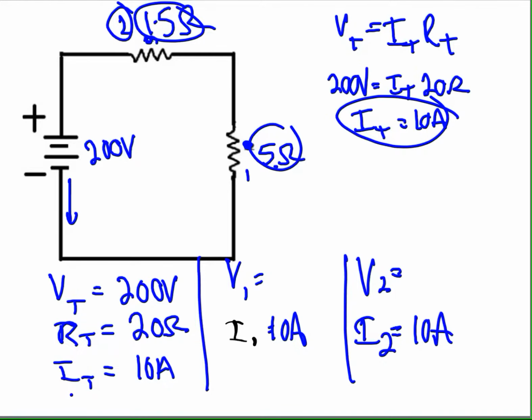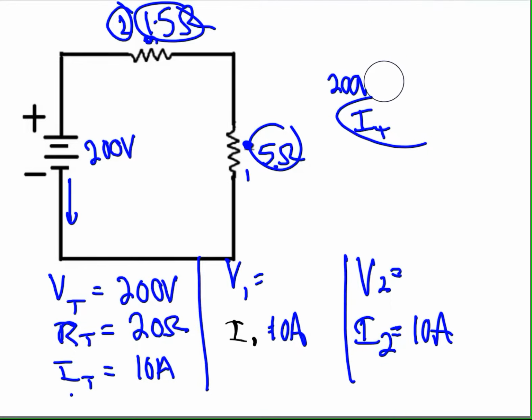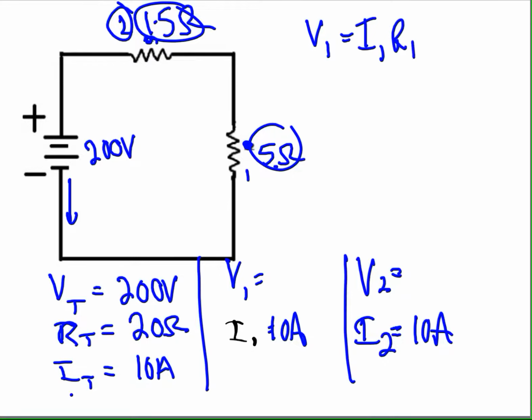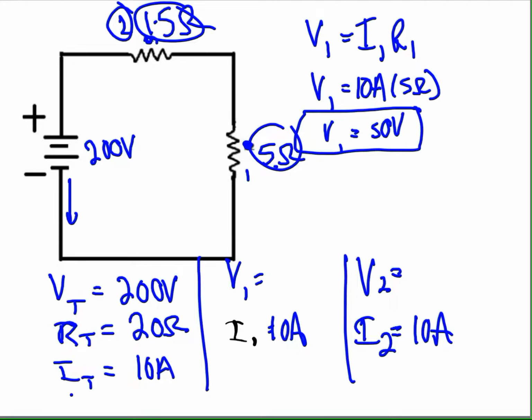Now, V1 is going to be V1 equals I1 R1. So V1 equals 10 amps times 5 ohms. V1 is going to be 50 volts.